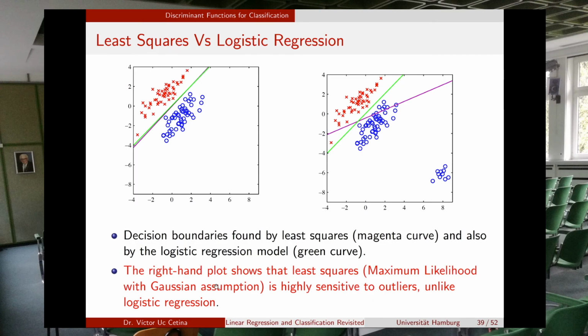So what is this Gaussian assumption? In the maximum likelihood, we assume that points that belong to the same class, like for example the red points, were generated from one Gaussian distribution. In this case, if we could plot the contours of a two-dimensional Gaussian, we would get an ellipse like this. And if you would do the same with the blue points, putting all the points inside the same ellipse, then the ellipse should be something like this.